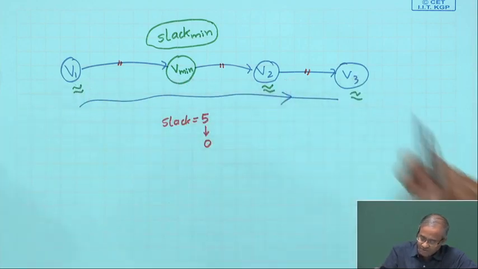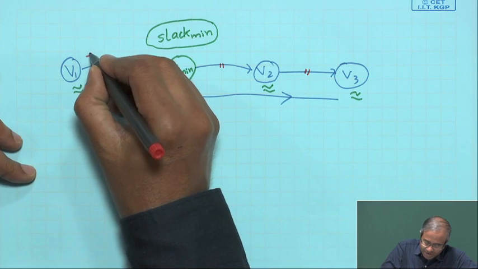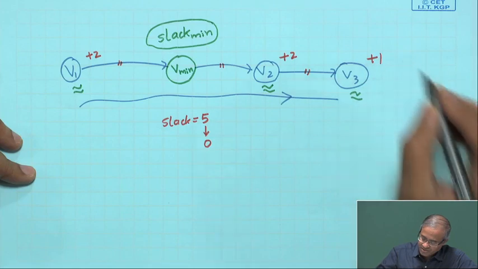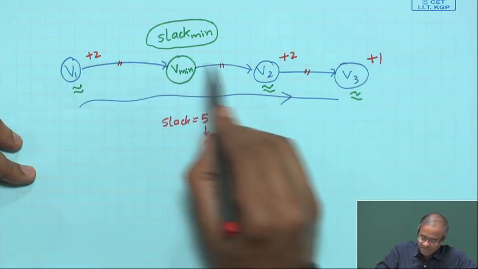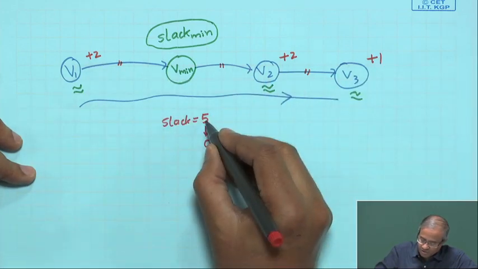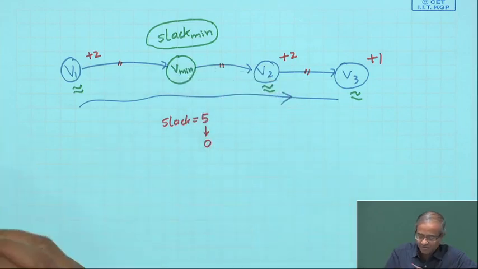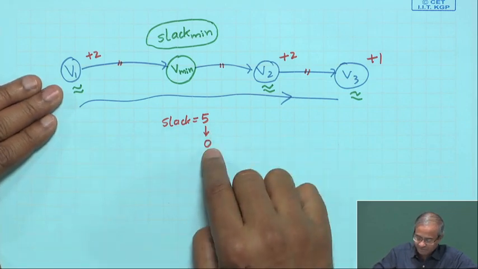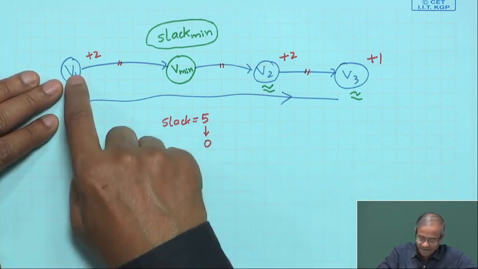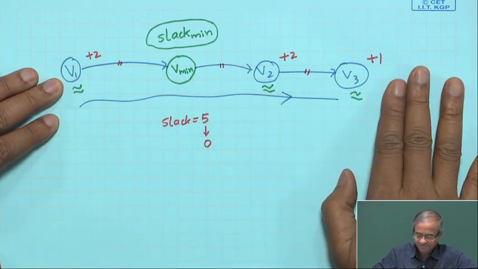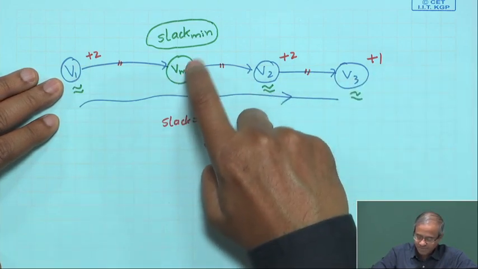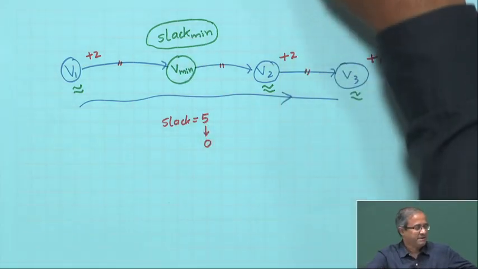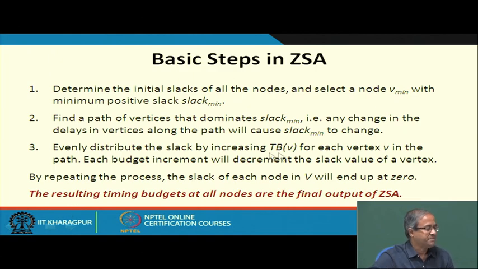So, there is V1, V2 and V3. Let us say you add plus 2 here, plus 2 here, plus 1 here. So, the slack value of 5 you distribute across the vertices, so that what was 5 here now becomes 0, right. This is the basic idea. You are trying to divide or distribute the slack value across all vertices in the path. Your objective is to make this slack min equal to 0, right. Fine. So, this is the third step.